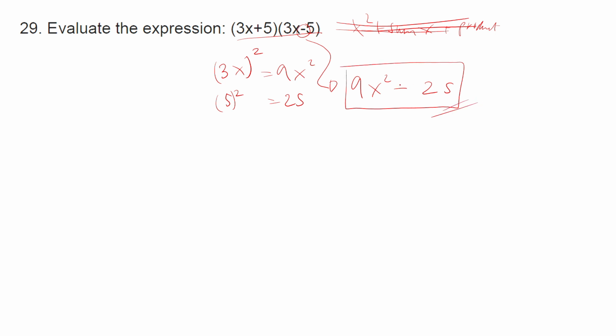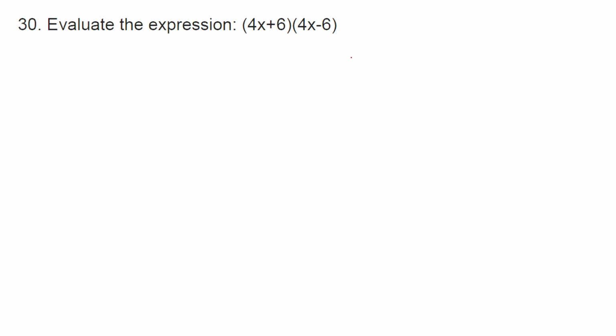Okay, let's proceed. Now, what if we have 4x plus 6? Again, this one is still the same template, right? This one is 4x, 4x, 6 and 6. This one is sum and difference. Again, our result here will be difference of two squares. And what do you do again? We just use this when we have here plus and minus.